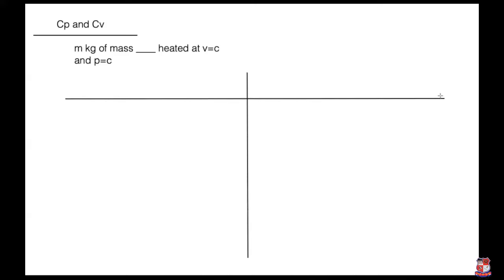Now two things are there. Here I write down: if the volume is constant, then what happens? And here I write down the second thing: pressure is constant, then what happens to the gas? Consider m kg of mass of gas, related to constant pressure and constant volume. As we know, if the gas is heated at constant volume, then the value of work done is 0.